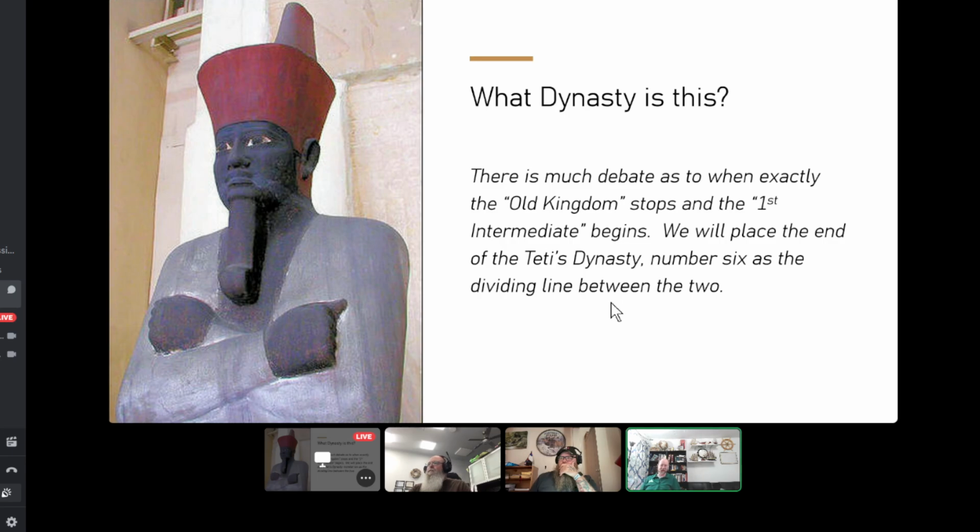This side's going to say he's a terrible leader, and this side's going to say he's an awesome leader, right? But if you're just looking objectively, I think the last kings of Teti's dynasty, the Sixth Dynasty, were not lousy kings. They were sitting at the table playing a very bad hand that they were dealt.